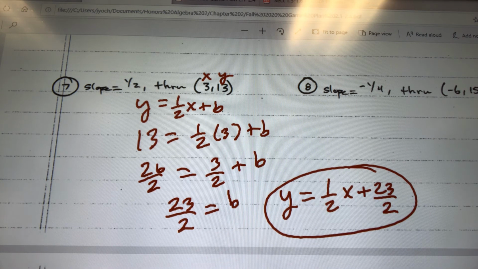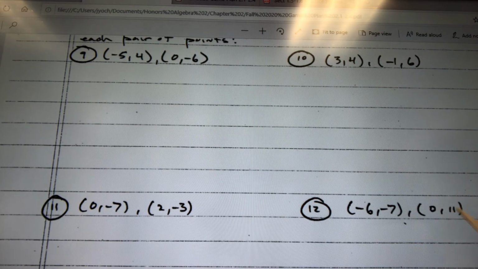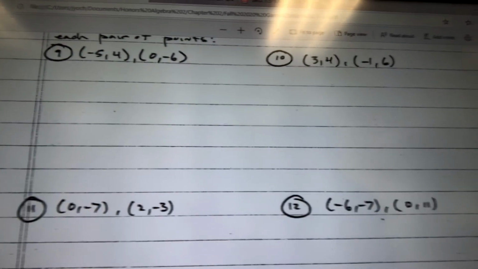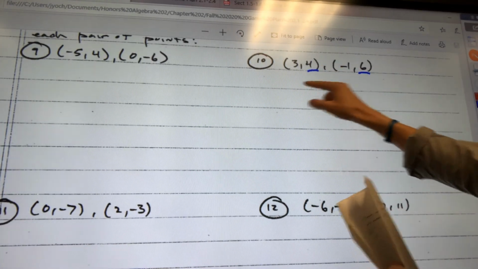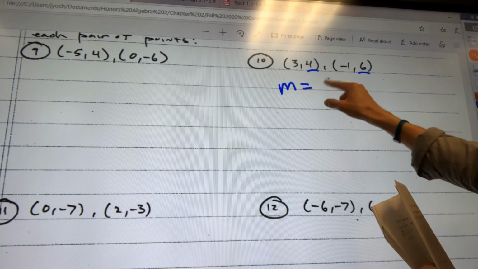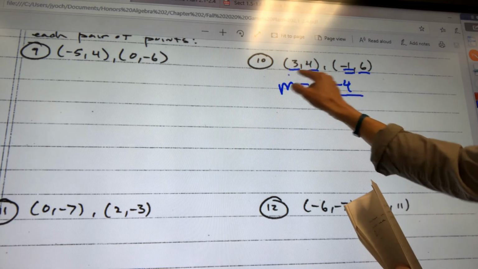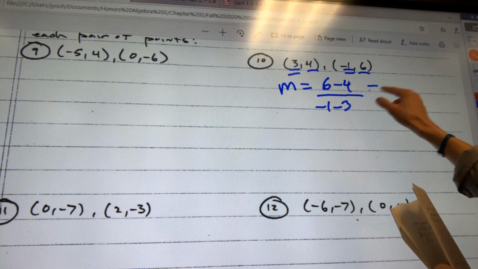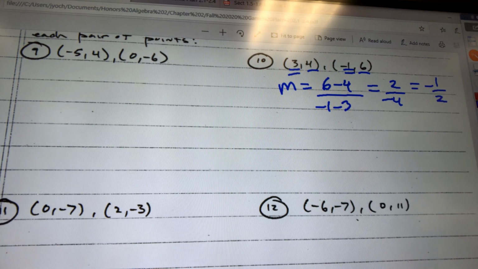No big deal. I want to do 4 more total. It's a long video. Next page, let's do number 10 and 13. Gotta find the slope. Sorry, 6 minus 4 over negative 1 minus 3 to negative 1/2.